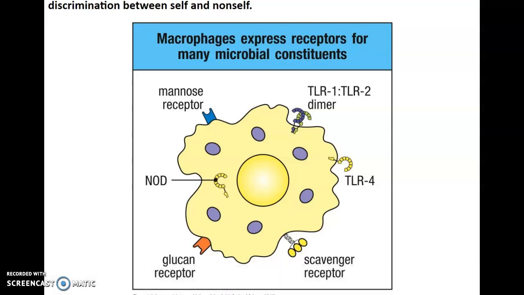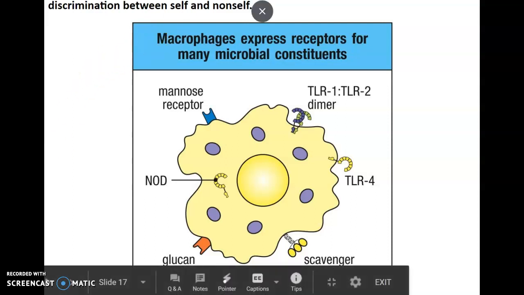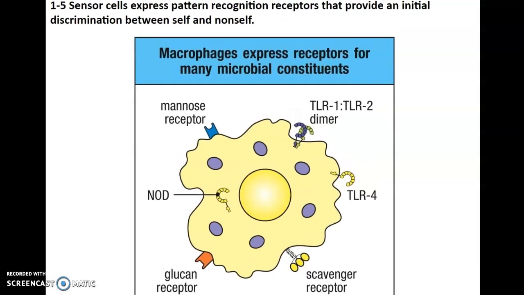Most famous among these is probably the toll-like receptors. The toll-like receptors are so named because they have similar motifs to the toll receptors in flies.